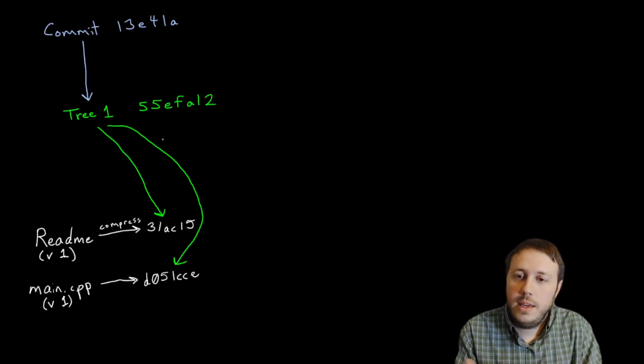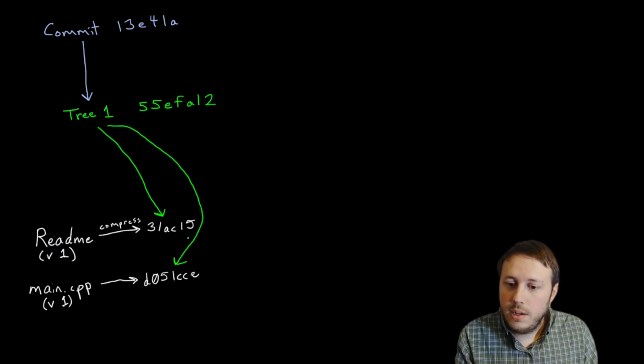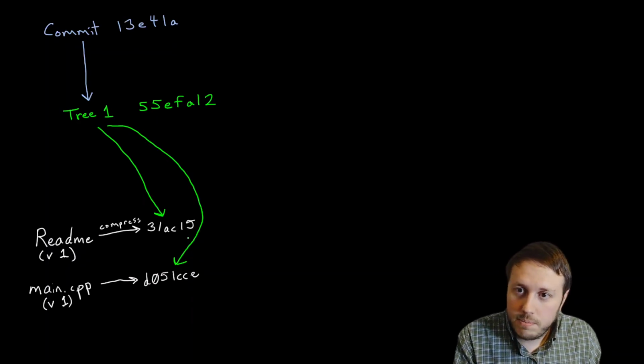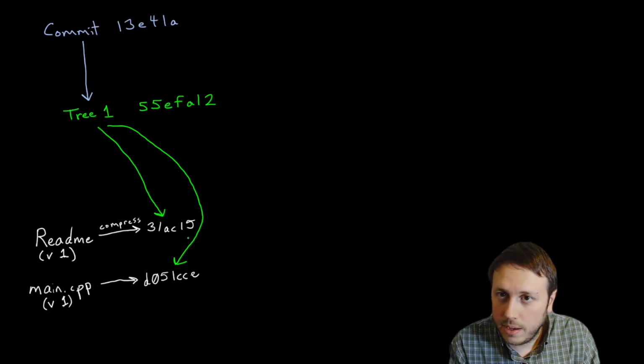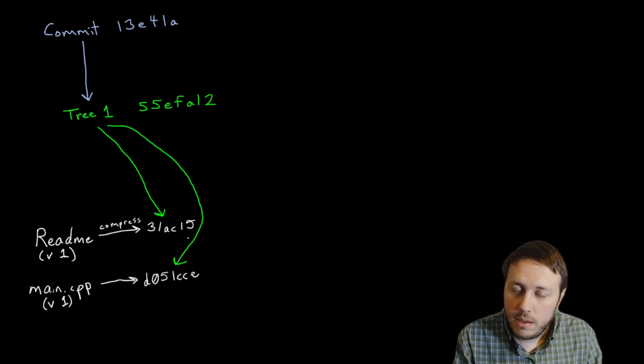When you tell Git to commit something, it's just taking all the files that currently exist in the repository, compressing them, creating a list of those files, storing some metadata associated with them.